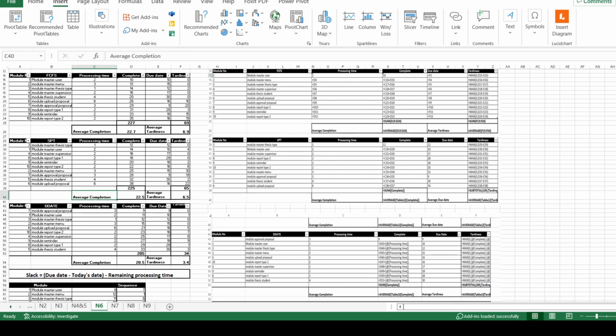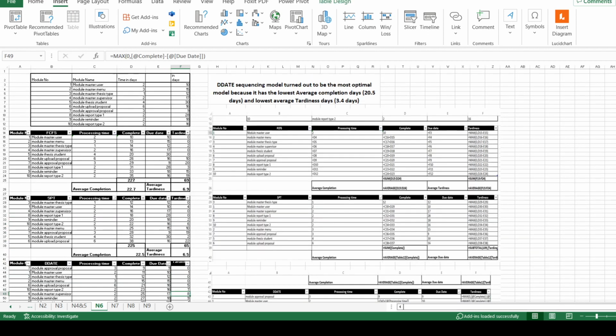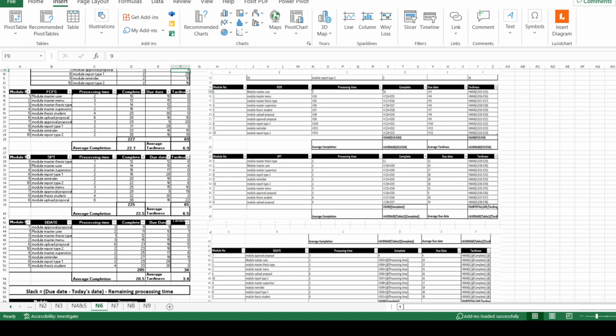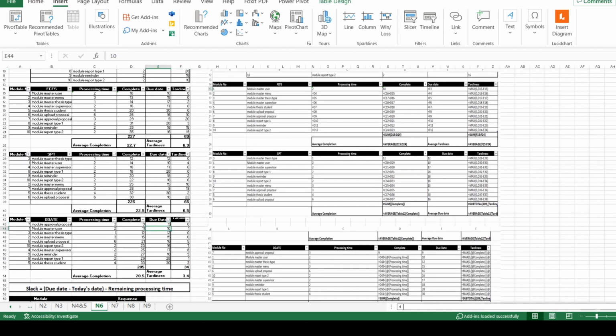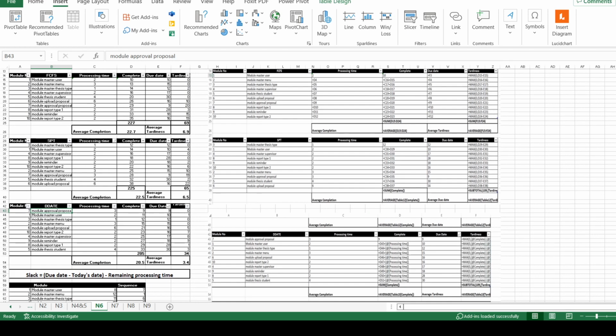For due date, we use the due date as the sequence. On the data the lowest is 9, so I put 9 here, and then it goes on. I already put up the table and had to do some of it manually, so that's a bit of a mess.